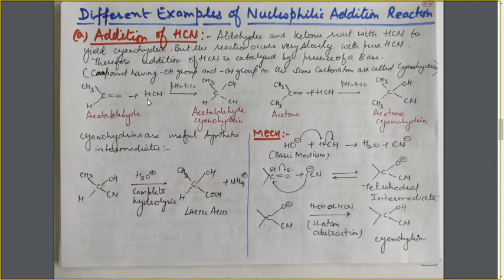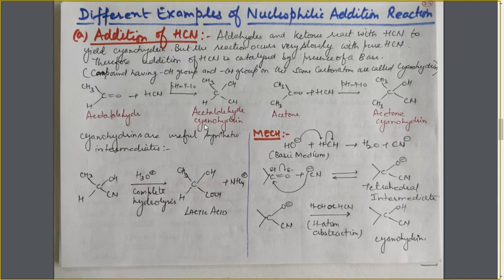On this we are reacting HCN at a pH of 9 to 10. The CN will behave as a nucleophile and go to the carbon atom, and the hydrogen will go to the oxygen atom, and we have this addition product.